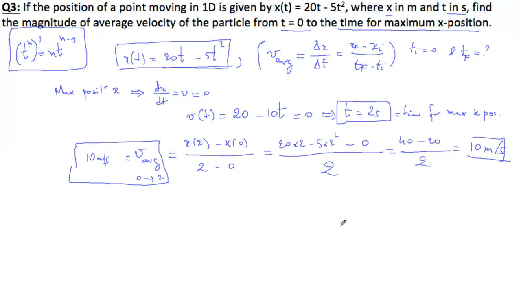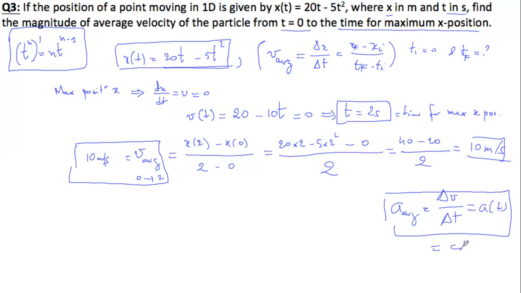Great. If I ask you the average acceleration, so what is average acceleration? Of course, you say delta v divided by delta t. You will notice here that the average acceleration is nothing but the instantaneous acceleration. Why? Because it's a constant acceleration motion. You can see it. This is a constant acceleration motion.